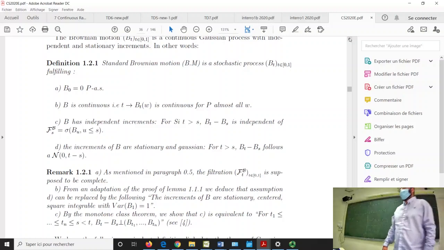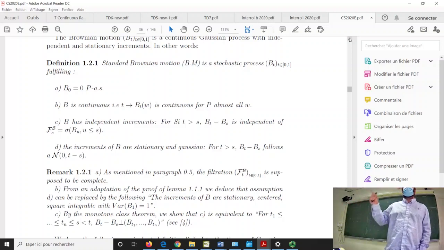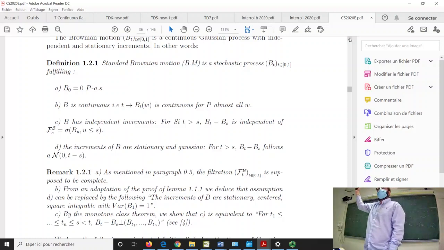The distribution of Bt minus Bs only depends on the distance between t and s, implying that B3 minus B2, B1 minus B0, B1 million minus B999999 have the same distribution, that is N(0,1). Okay, that's what we call stationary. Questions about this proof? 10 minutes, not more, 10, okay?